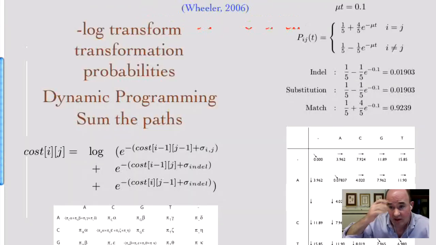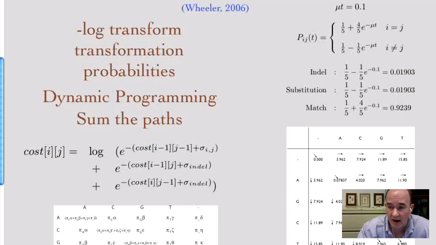Now, just briefly, I can say that this can also be done equally well in the likelihood context. This was published in, I think, 2006, but has been implemented in POY3 for 5 or more years, maybe 6 or 7 years. In this case, basically, you just take the log transforms of the probabilities of transition between different states.